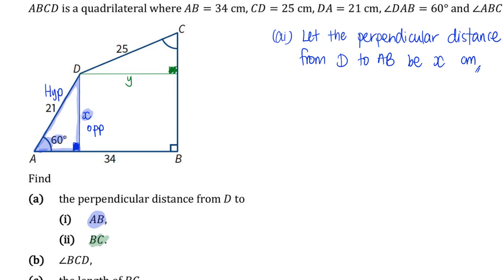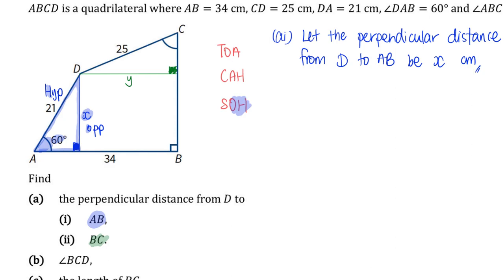My 21 is my hypotenuse. So, with O and H, I am going to tap on which trigonometric ratio now?